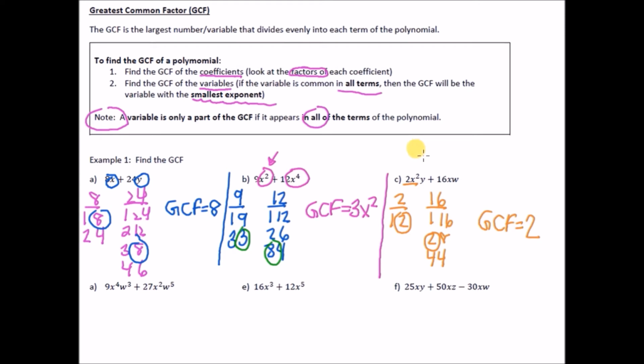Now let's compare the variables. We have x squared y, and we have xw. So what's common? Well, the x's are common. So we're going to take the x with the smaller exponent, which is just 2x. The bigger exponent is obviously x squared, so the smaller exponent is x to the 1.